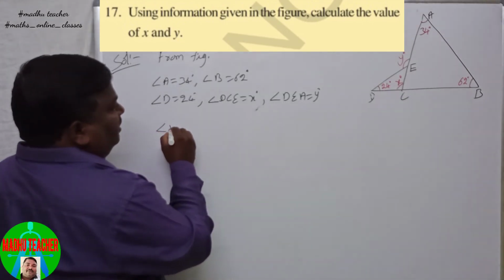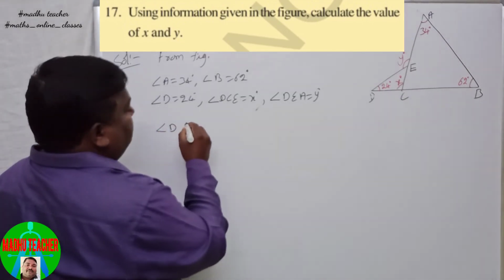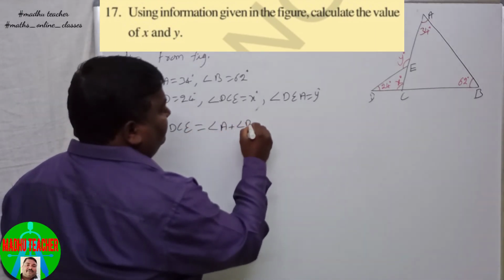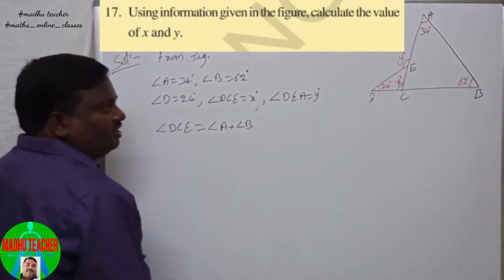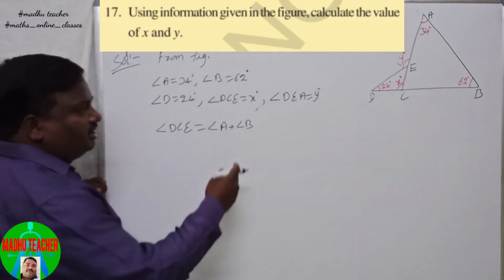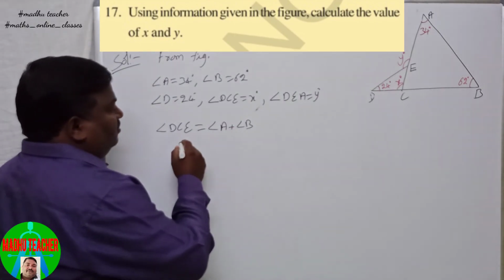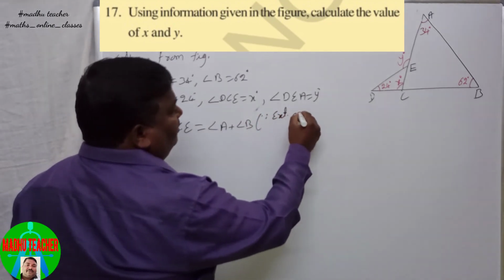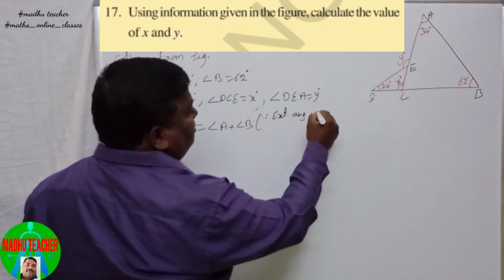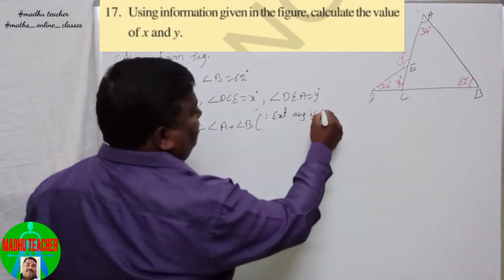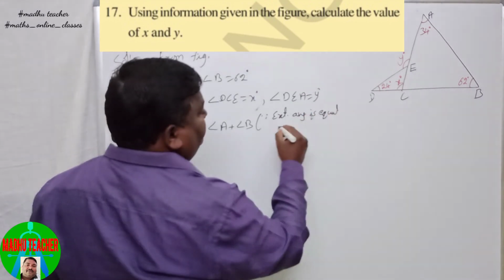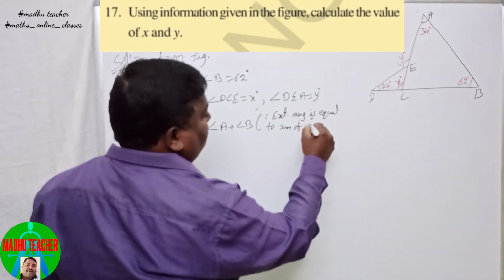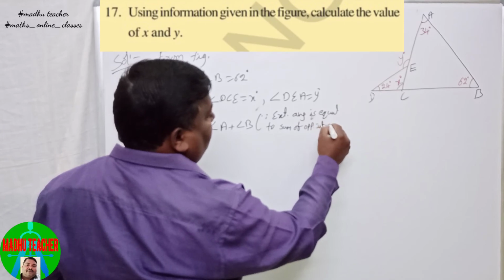Therefore angle DCE equal to angle A plus angle B, since the exterior angle equals the sum of opposite interior angles.